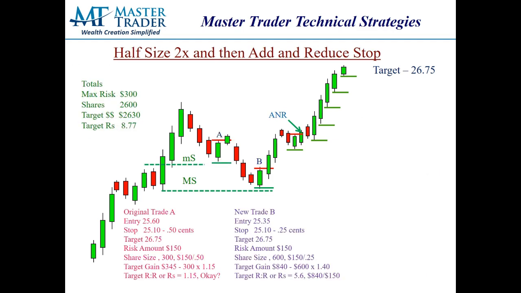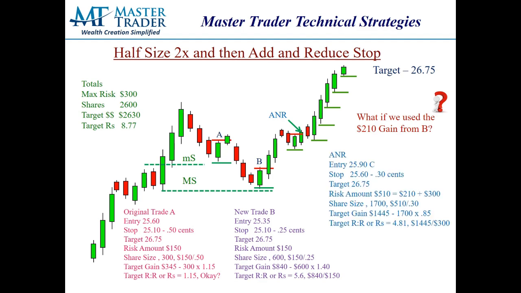So here's our trade setup, and we have yet another choice. And at this point, I think you know what that is. What if we used the $210 gain from B to add to our trade at A and R? Well, here it is. So if I take my $200 gain and my $300 risk, at this point, I'm going to be break even or making some money.